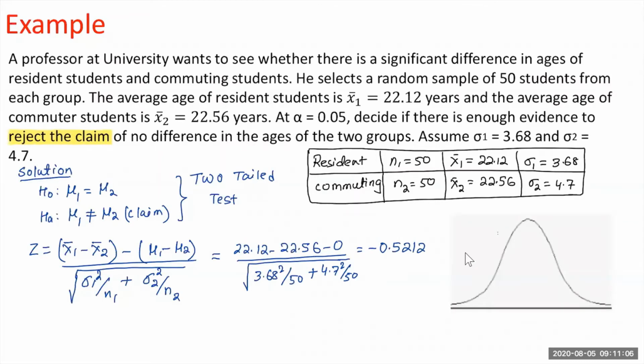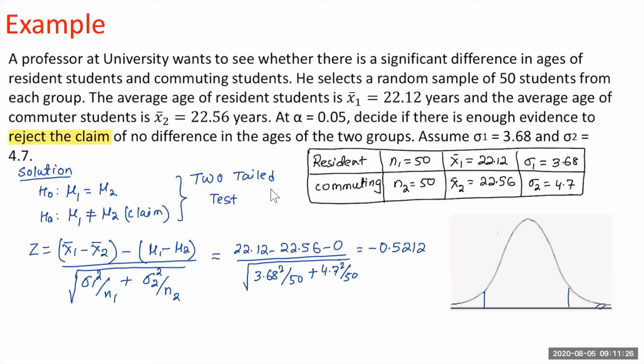That's what we'll get. Now, let's try to show this z value, or the test value or test statistic, in the distribution. This is a two-tail test, meaning your p region is on the tails. On both tails, you have the p value.